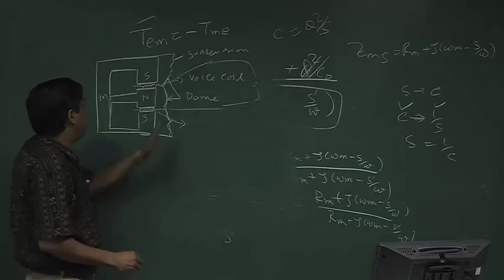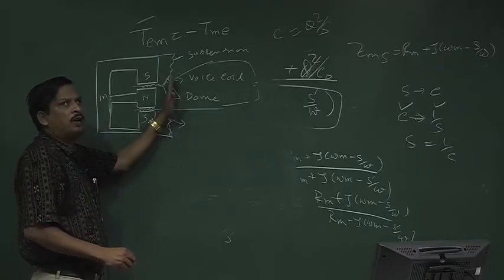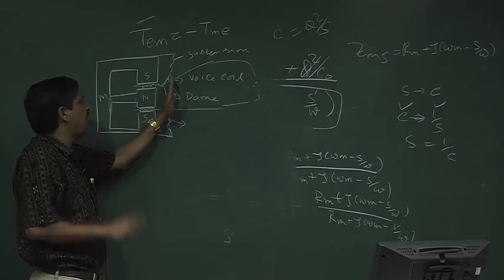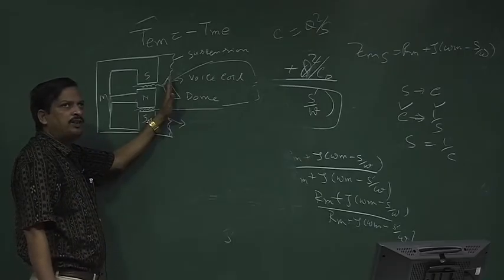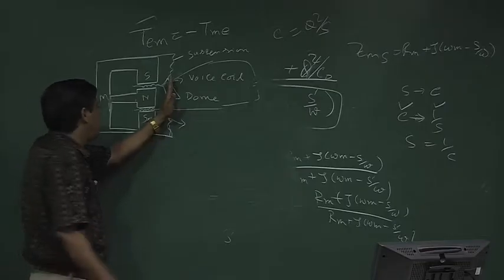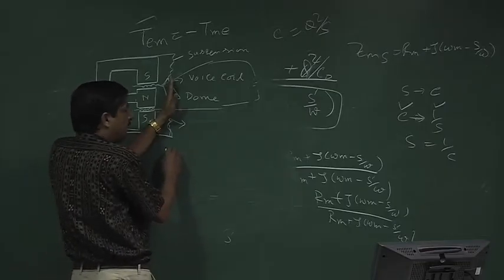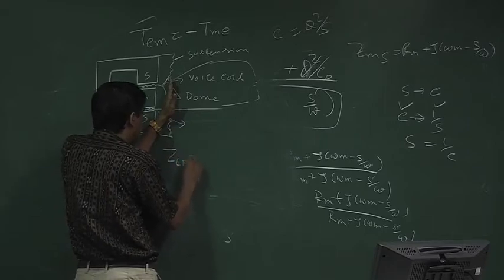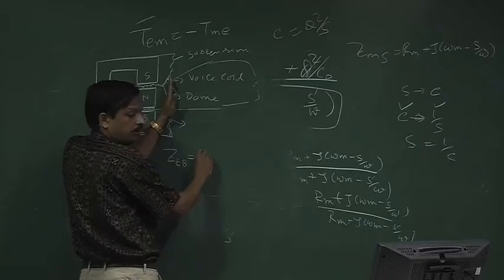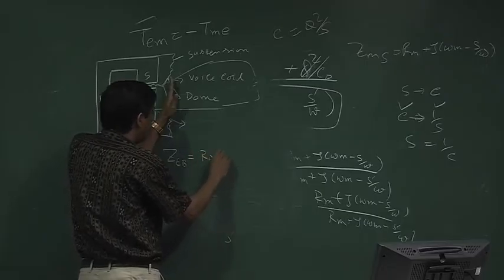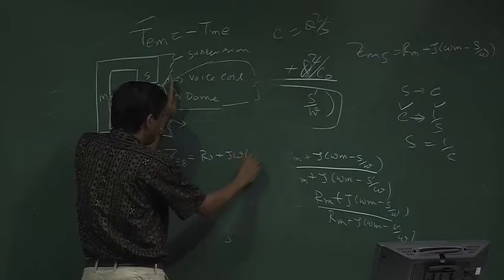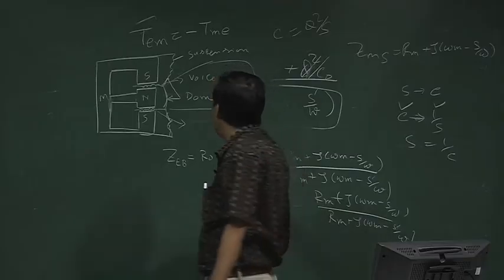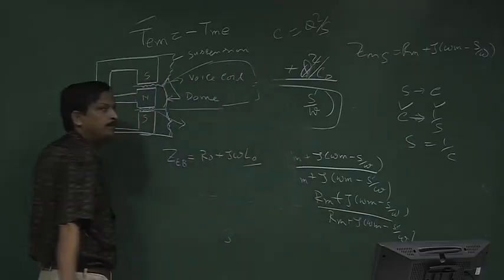If I do not allow the movement of the diaphragm, that means mechanically the diaphragm is blocked, then the electrical impedance of the coil, ZEB, the blocked electrical impedance, is nothing but R0 plus j omega L0. R0 is the resistance of the coil and L0 is the inductance of the coil.